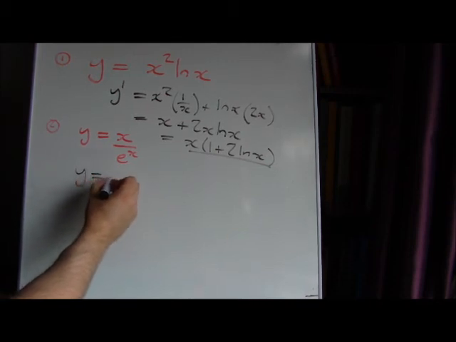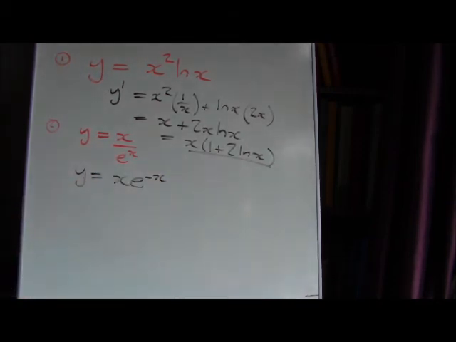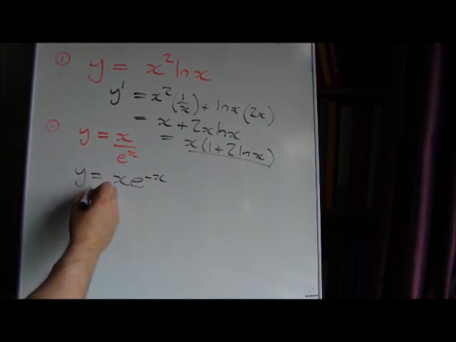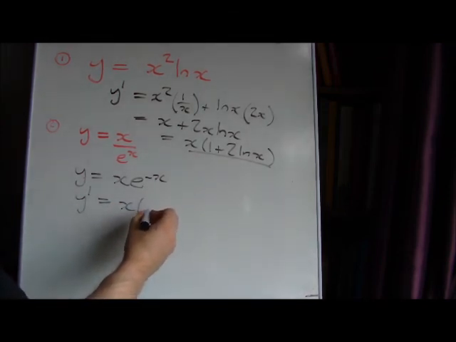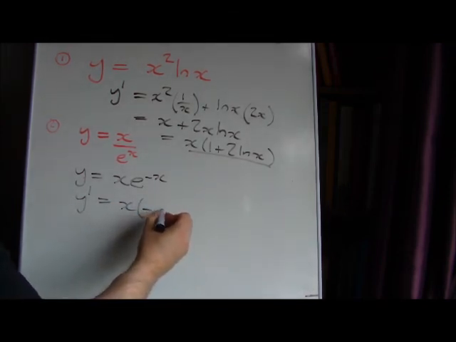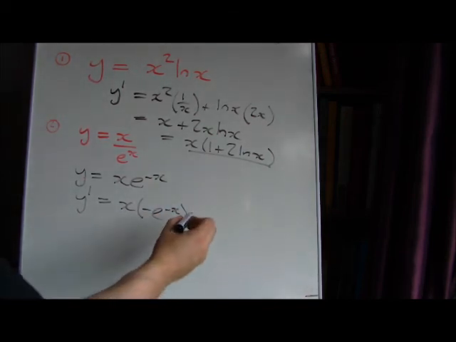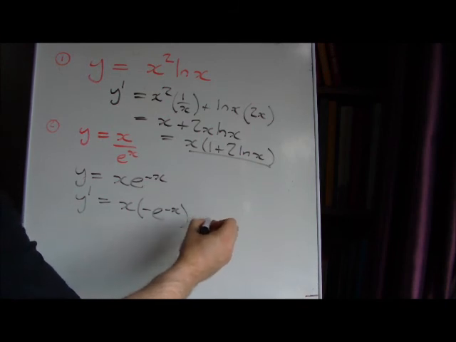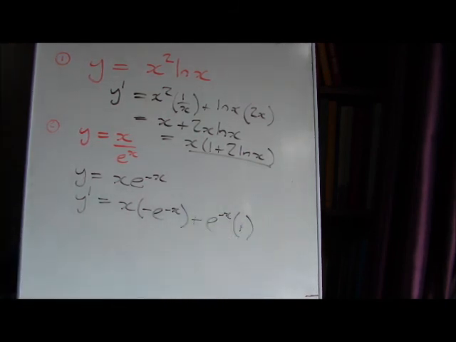So we could write it like x e to the minus x, and then we can apply the product rule. So we'll do that. So if we want dy dx, it's the first times the derivative of the second. Now in that case it's going to be minus e to the minus x plus the second times the derivative of the first.